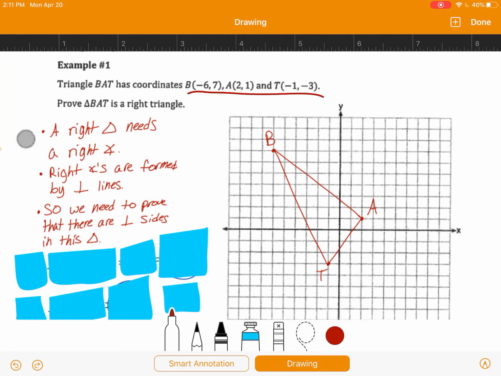And the way we prove that sides are going to be perpendicular is by using the slope formula. Slope is the difference in the y's over the difference in the x's.